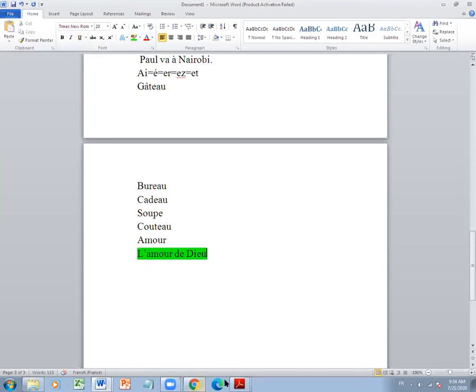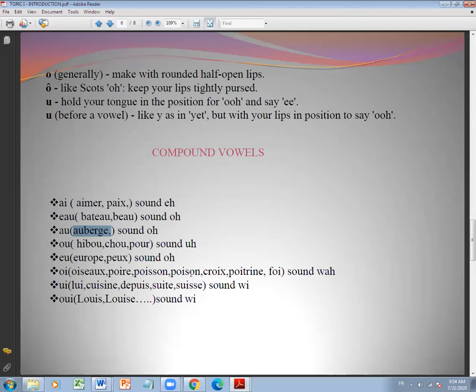We are yet to talk about it. So let me go back to the document. We have talked about that, so please try to read those examples. So OU is U.